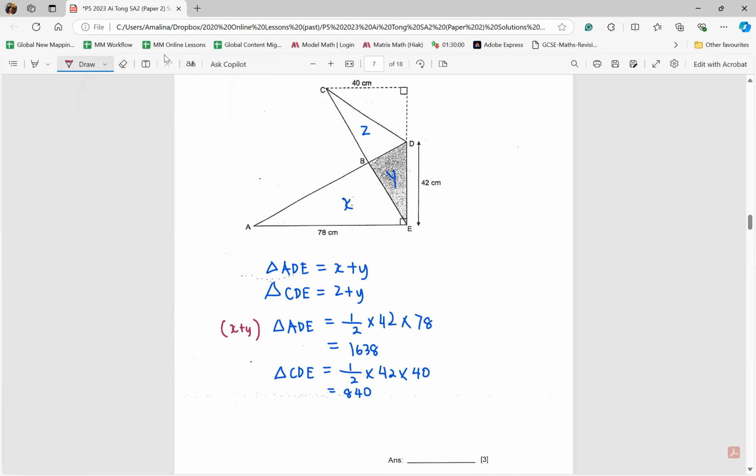This is my Z plus Y. From early on when we recorded the letters, if I add these two up, this will be my X plus 2Y plus Z. This is the 1638 plus my 840, which will give us 2478.